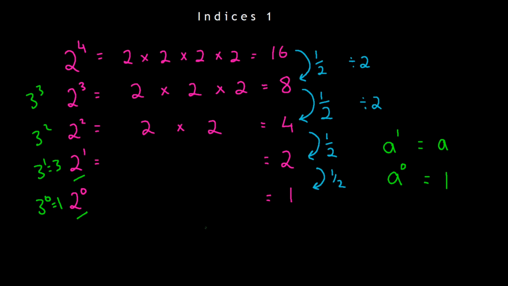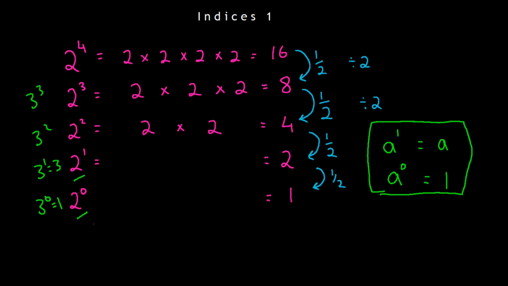So we generalize things, and this is the rule. Please do not forget these two rules. They're the building blocks of indices, and we'll be using them in the next videos.